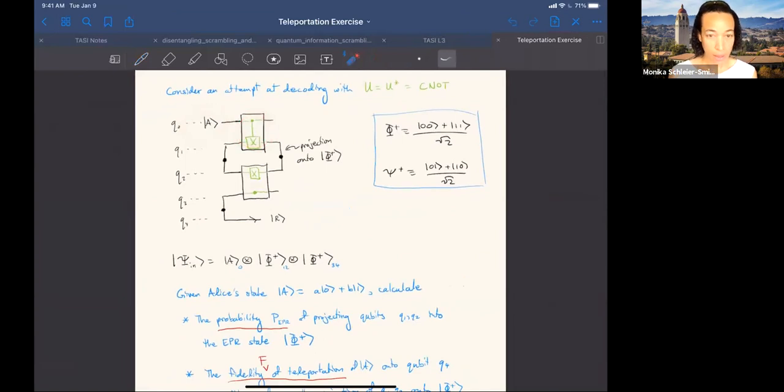And Bob can attempt to decode this information if he has another identical black hole that he has entangled with Alice's via a shared EPR pair. The general protocol involves projecting these two qubits that are shared between the two black holes onto an EPR pair after the scrambling operation.